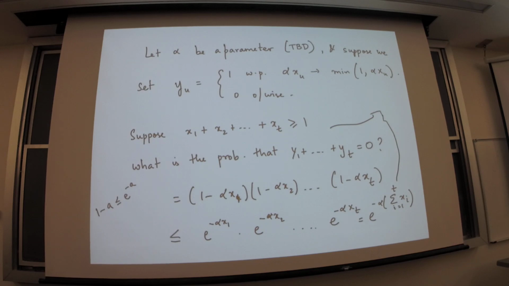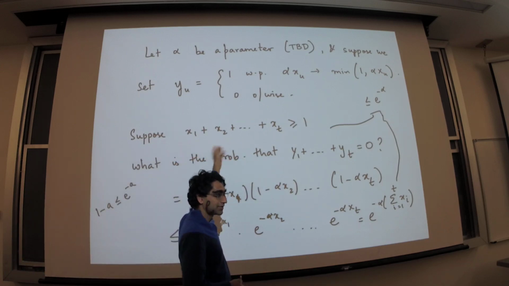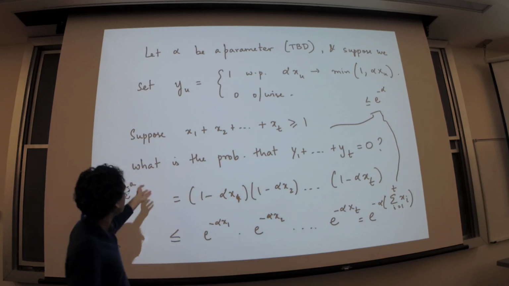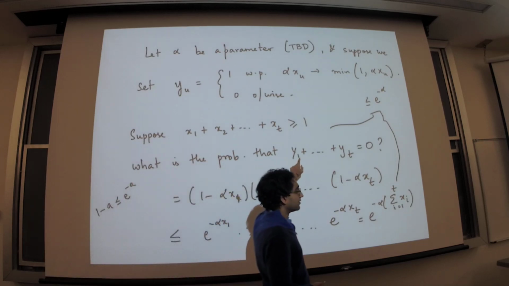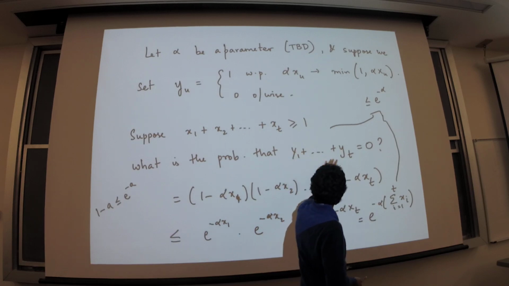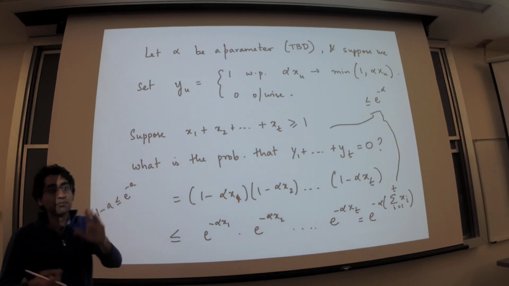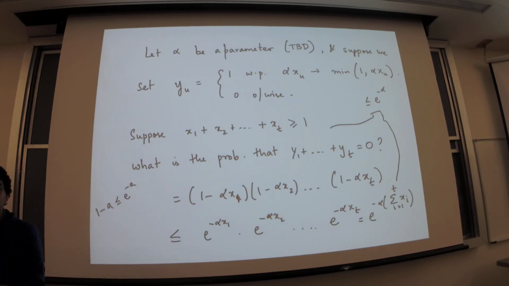So this term is less than or equal to e to the minus alpha. Alpha was some parameter that I said would be TBD. What I have proved is that if you start with a feasible x, which satisfies this kind of quantity, then the probability that the y's you came up with did not satisfy this constraint, which is that the sum over y_i turns out to be equal to 0, is at most e to the minus alpha. So this is what we have shown.